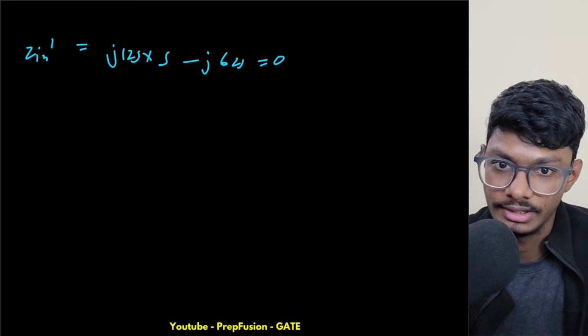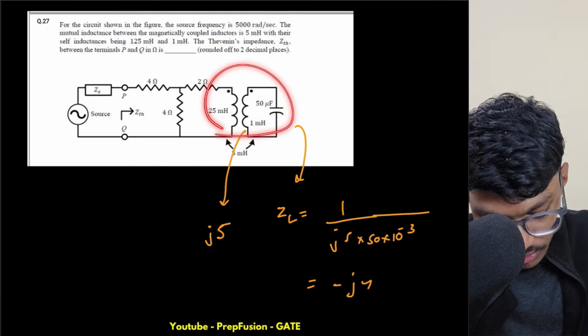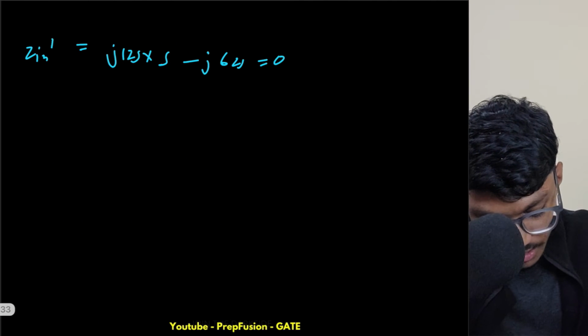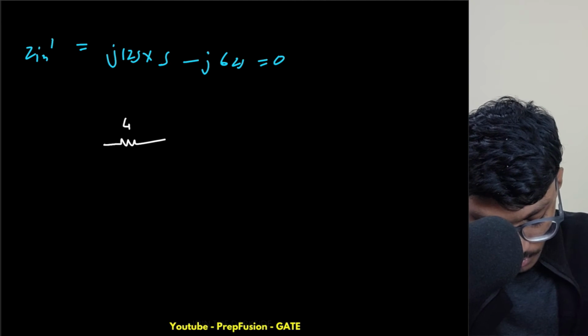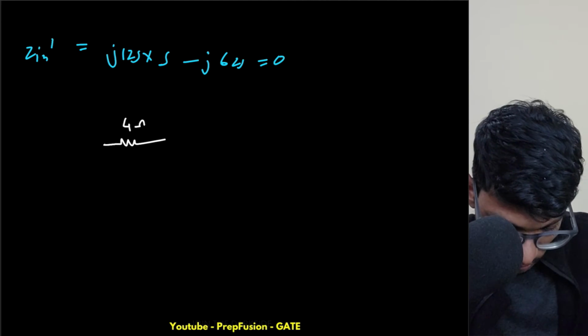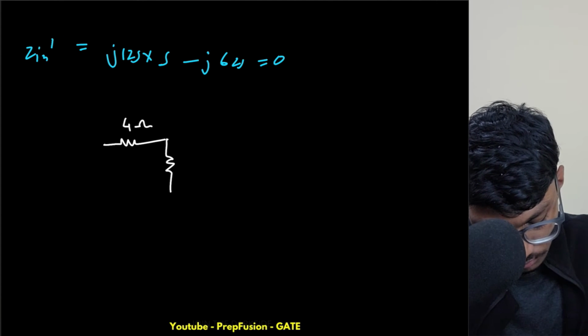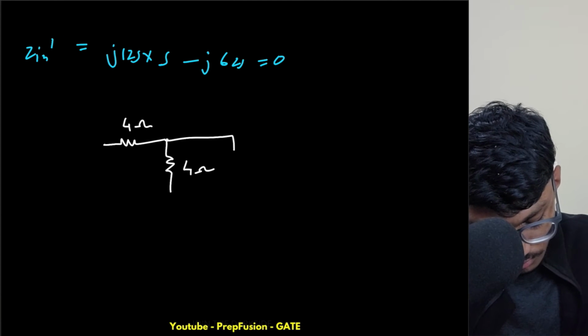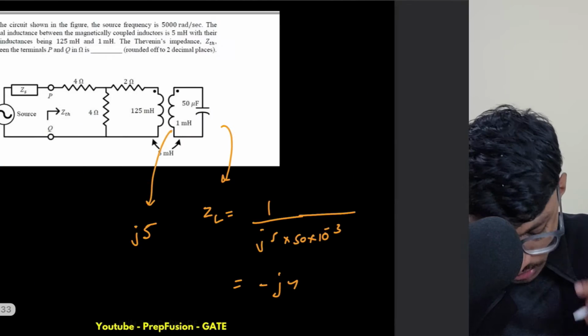So at that frequency we are getting the resonant condition. Obviously this is becoming 0, so we can replace this with a short circuit. So my overall circuit will become something like this. This is 4 ohm, this is 4 ohm, this is 2 ohm.